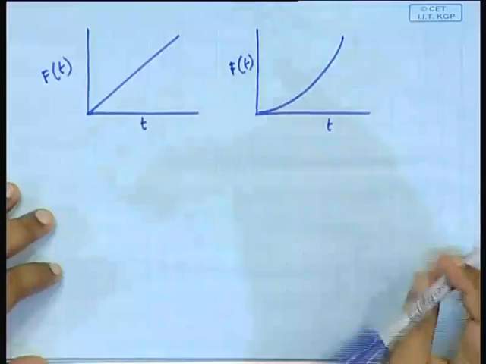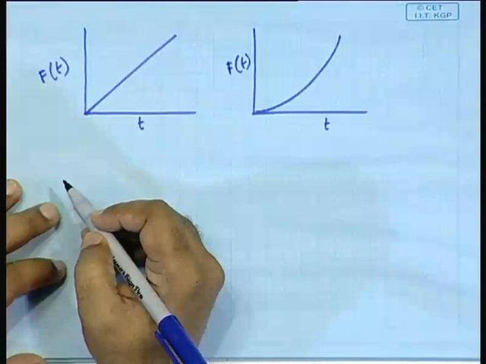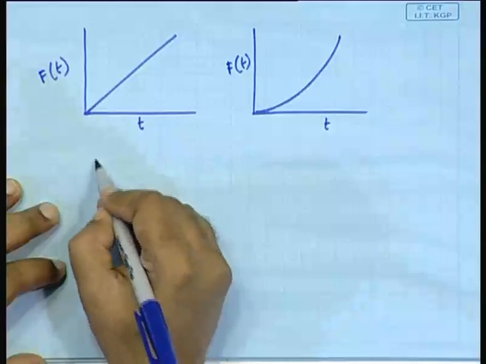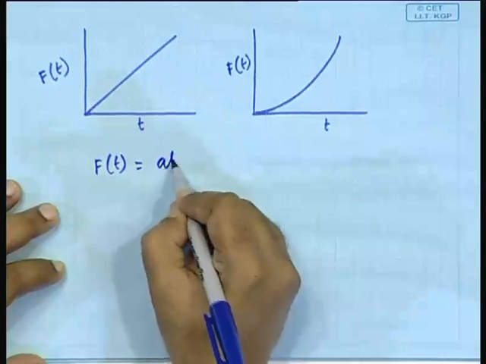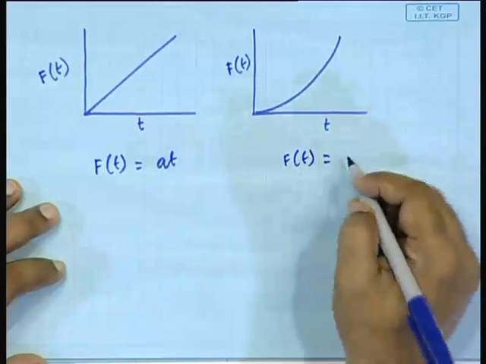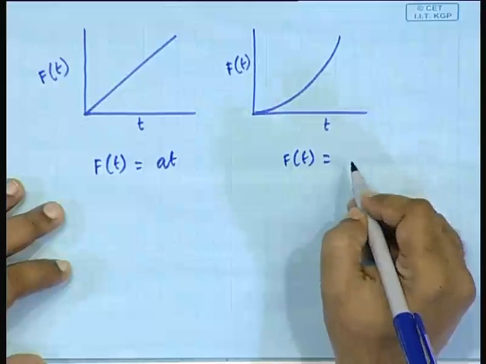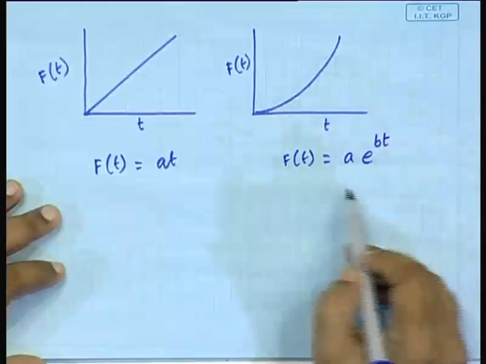In these cases, what will be the trial solution? If say the applied voltage is, say in this case At, in this case it is something like A e to the power bt, maybe, right.